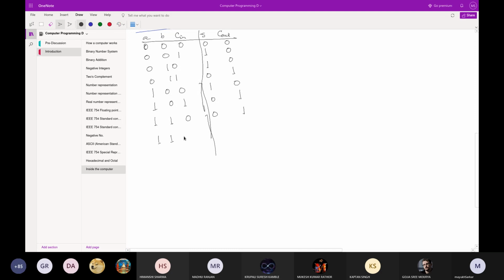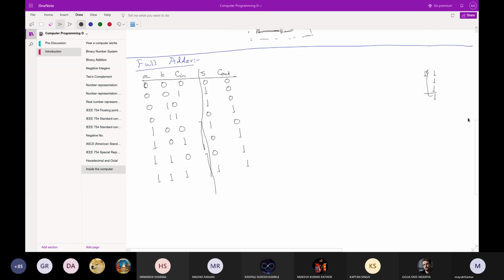And finally 1 1 1, this will give you 1 and 1, because there is a carry in 1 but the previous 2 bits were already 1, so the sum will be 1 here and there will be a carry out of 1 that will go from here, right? This is the truth table.